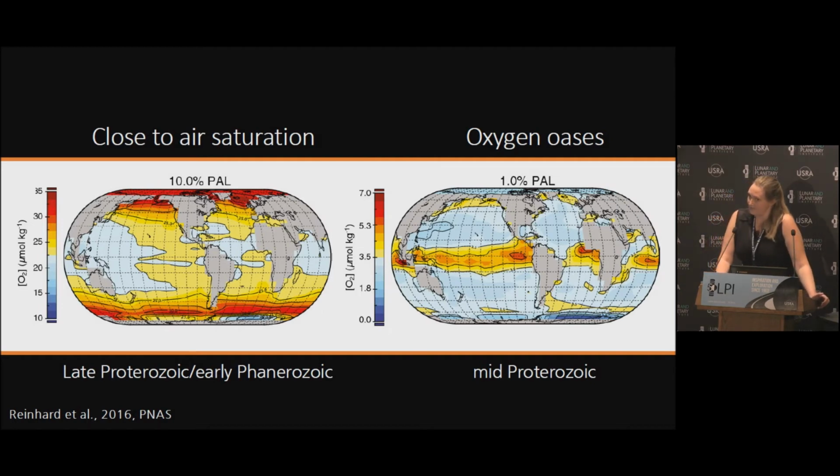As you reduce atmospheric oxygen lower, though, to 1% of the present atmospheric level, which I'm showing on the right, in a kind of mid-Proterozoic-like world, dissolved oxygen starts to look really different. First of all, the maximum oxygen concentrations here are about double what you would expect based on equilibrium exchange.